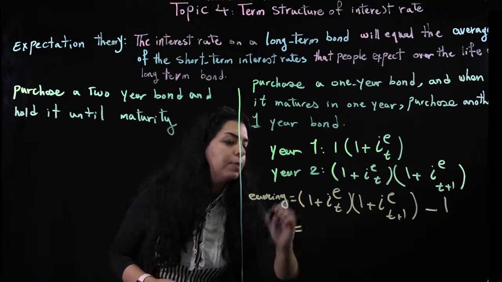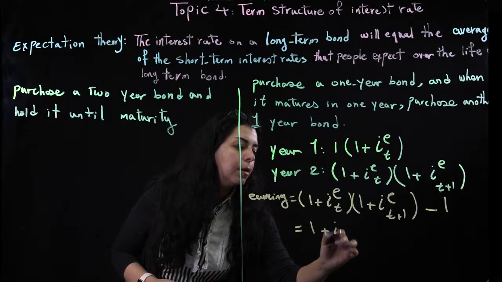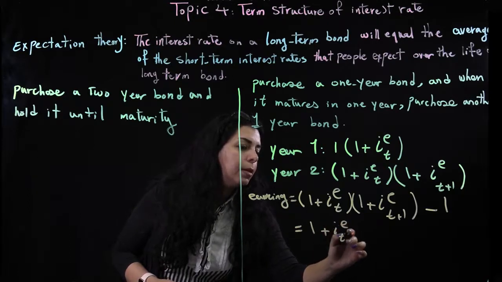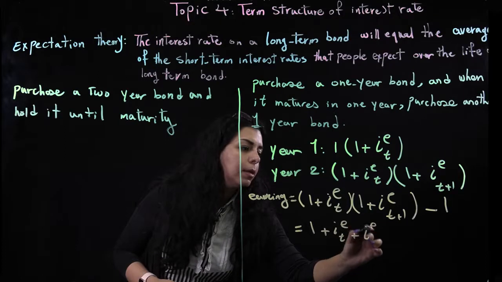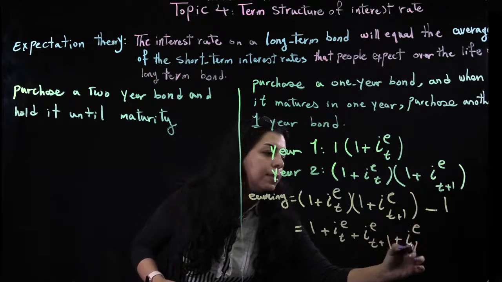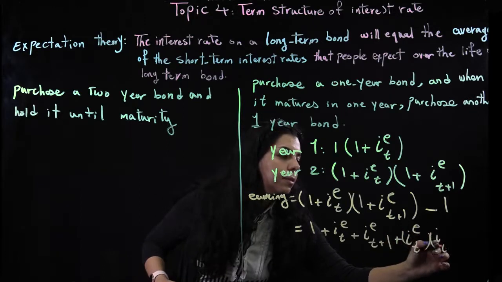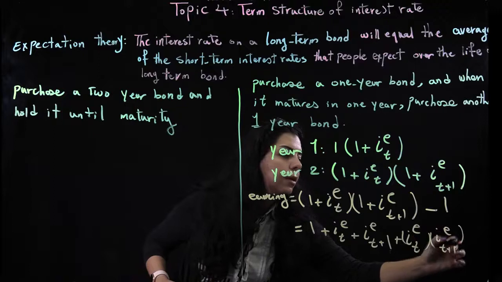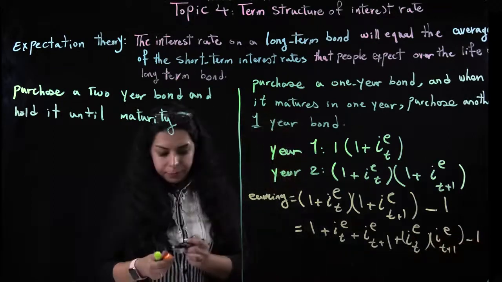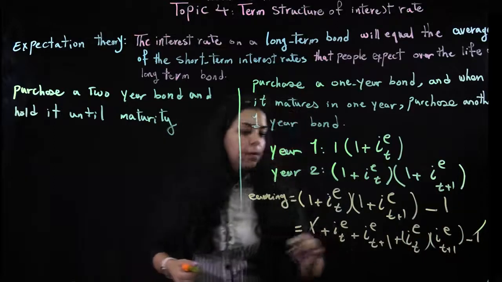Once I open it, that is equal to 1 plus i_t^e plus i_{t+1}^e plus the expected interest rate of the first year multiplied by the expected interest rate of the second year, and minus 1. These two, the 1s, are cancelling out each other, right?